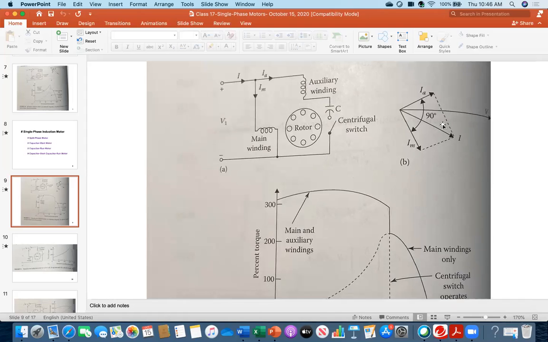Because you see, if you again draw the vector diagram, this voltage versus the current, then you can see. This is voltage, and because there is a capacitor here, definitely IA is now leading with respect to the voltage. You see, in the previous picture, IA was downward, it was lagging because it had only resistance and inductance, but now it has a capacitor.